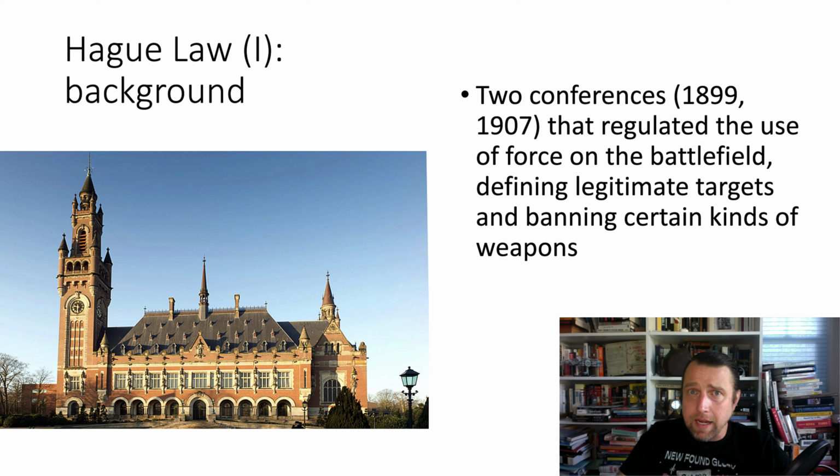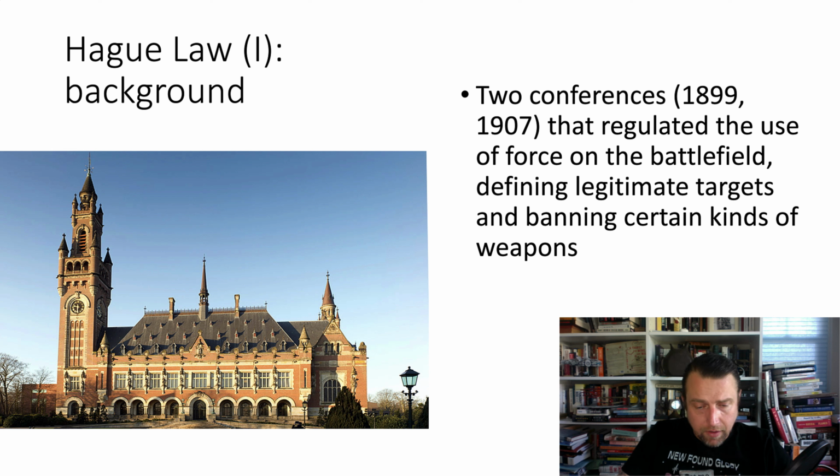So I want to look at this 1899 treaty briefly and discuss it in terms of just war theory. This treaty is much longer and more complex than the 1864 Geneva Conventions, so we can't go into a bunch of detail. It consists of 4 parts. The first part is called the Convention for the Pacific Settlement of International Disputes.